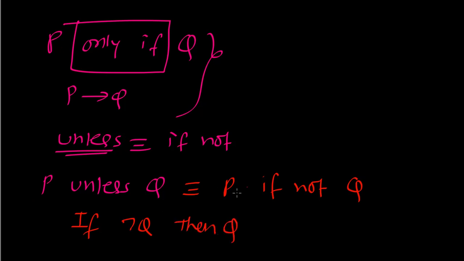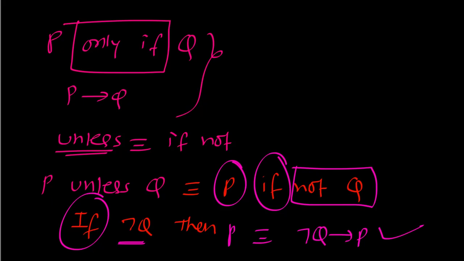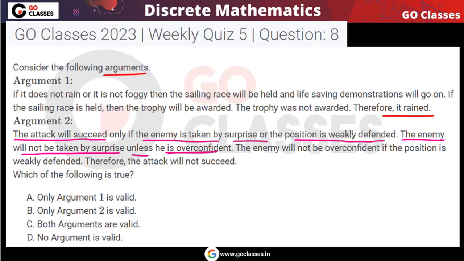It simply means that negation of q implies p. So you can notice that the enemy will not be taken by surprise.